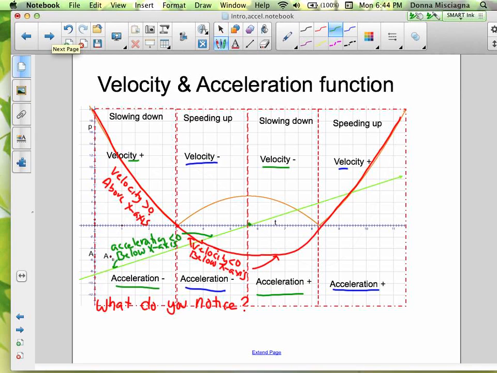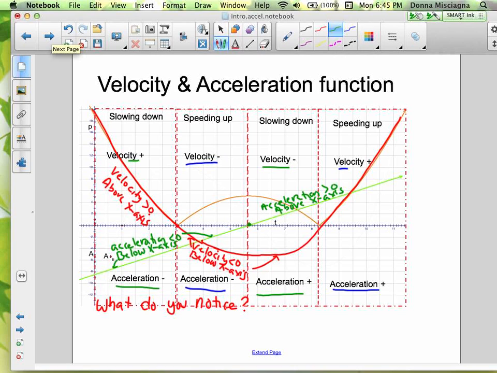Right here at t equals 5.7 or so, our acceleration changes from negative to positive. So here acceleration is greater than 0. It's above the x-axis. So velocity is negative, acceleration is positive.